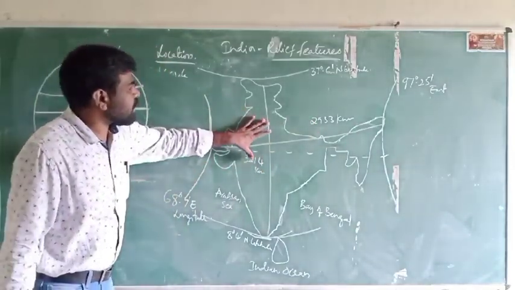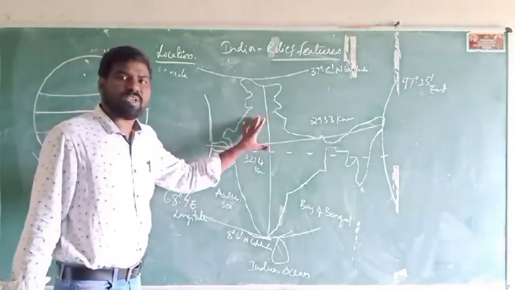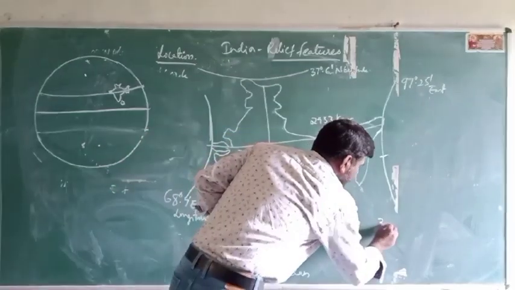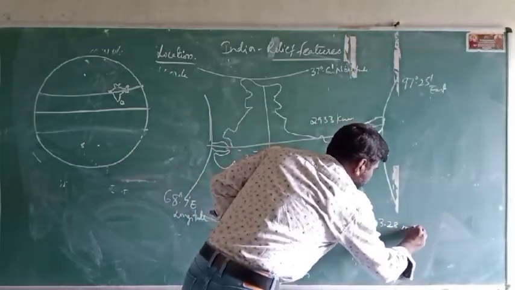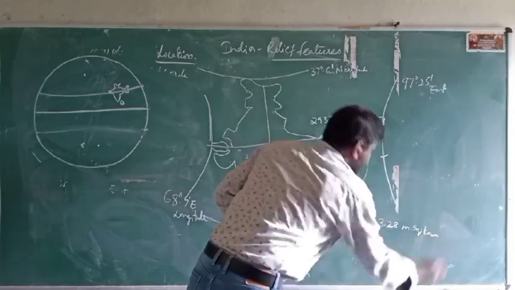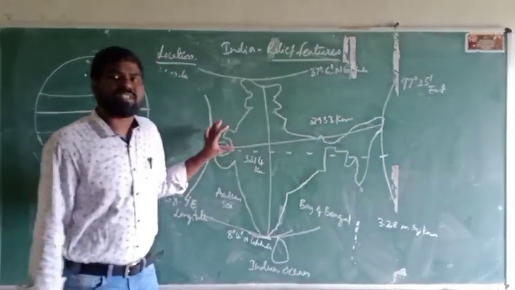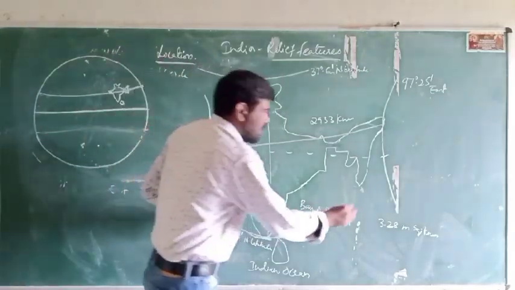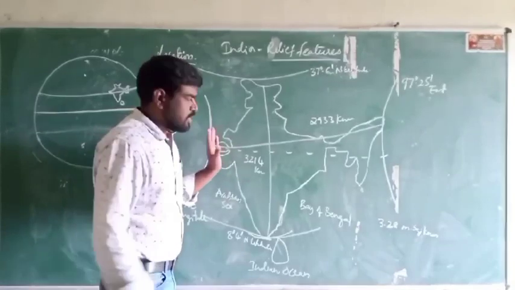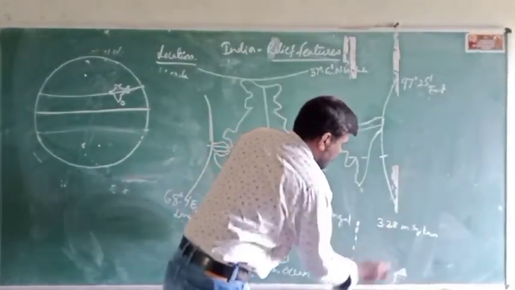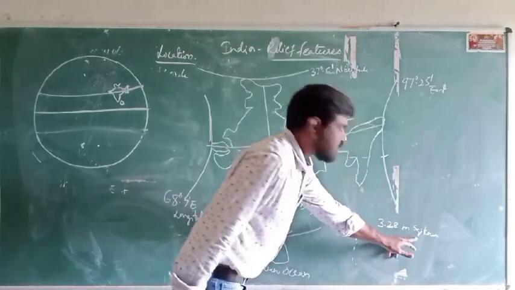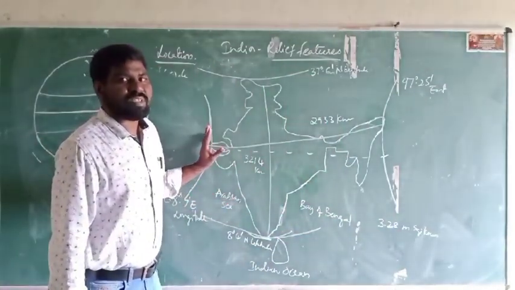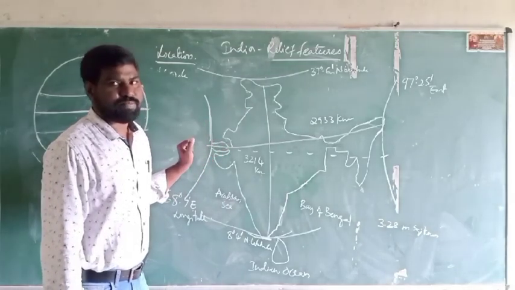Fairly, our country occupies a larger portion of the globe with 3.28 million square kilometers, which makes it the 7th largest country in the world. Once again, our country occupies an area of 3.28 million square kilometers, which is the 7th largest country in the world.